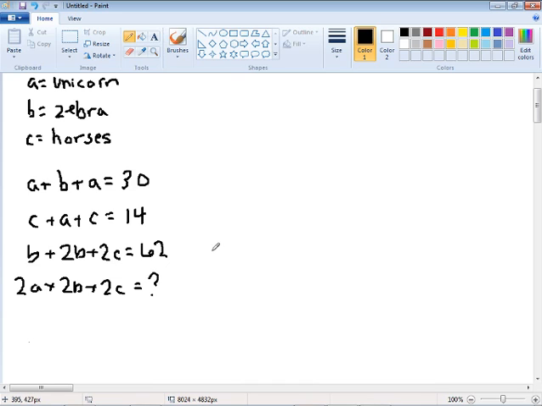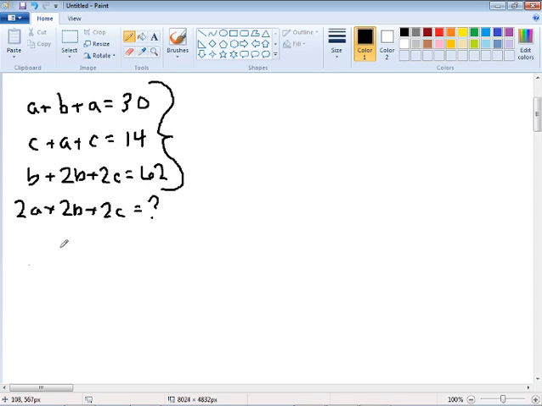Just like in the last video, I ignored this last problem, and I'm going to ignore it again this time. I'm just going to concentrate on these three so I can find out what these variables are. So the first thing I'm going to do is the same thing I did before. I'm going to simplify these equations.